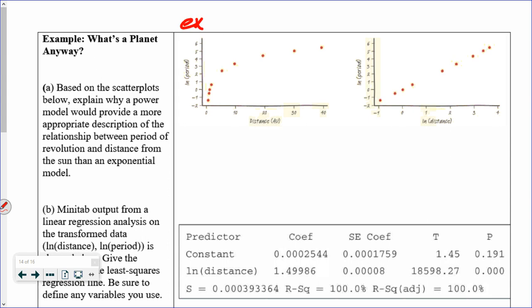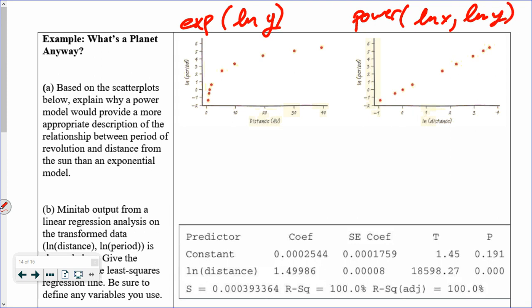Remember, exponential model took natural log of the y value only. Over here in a power model, we take the natural log of x and the natural log of y. And looking at these two, it becomes clear that this one is preferred, the power model.